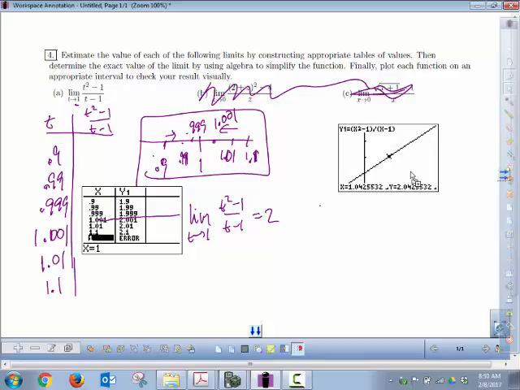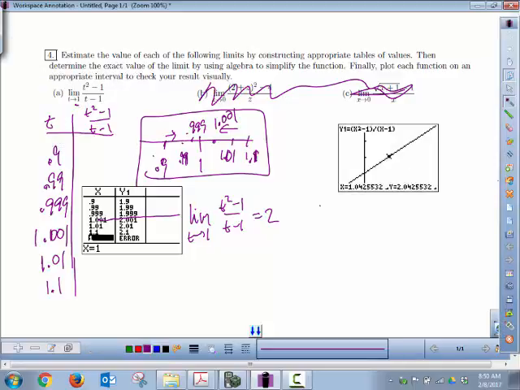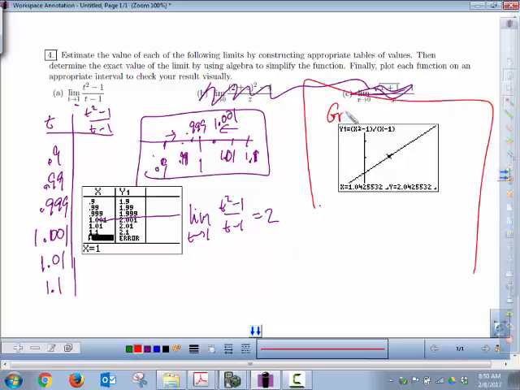So from a graphical perspective, it looks like we're on the right track here. When you're near 1, you're hovering around 2. So this still looks like it's going to be our limit.